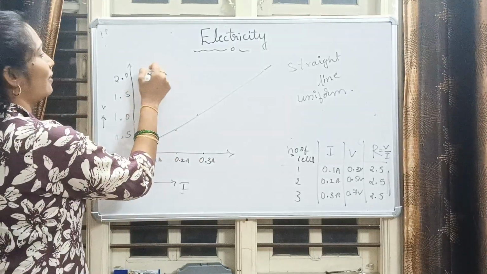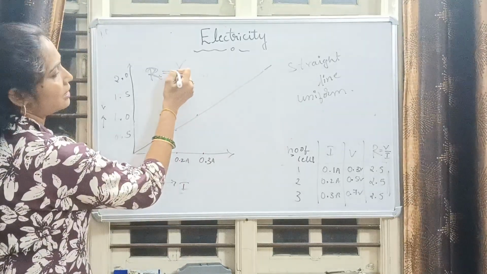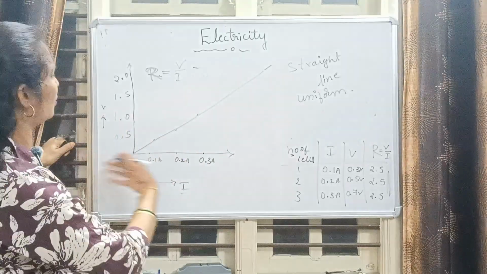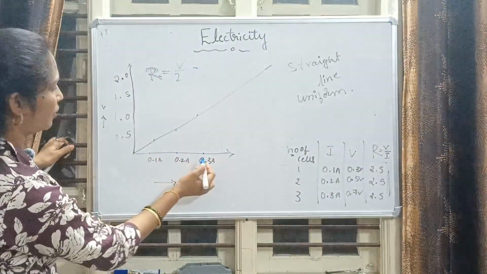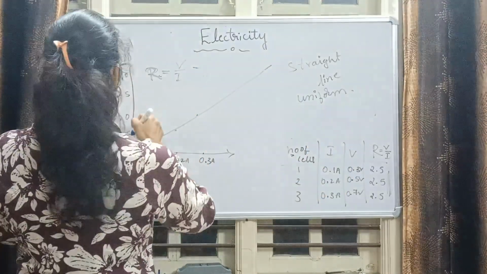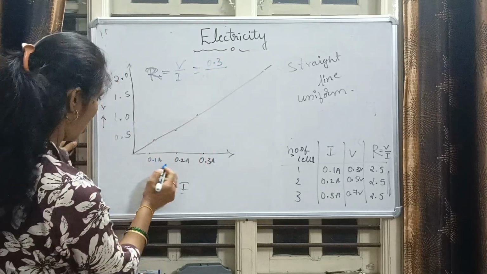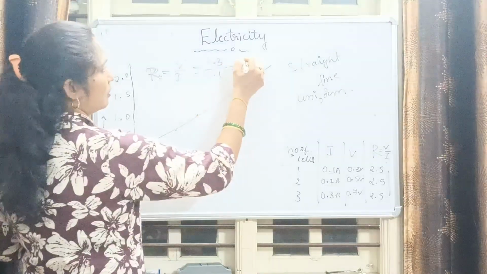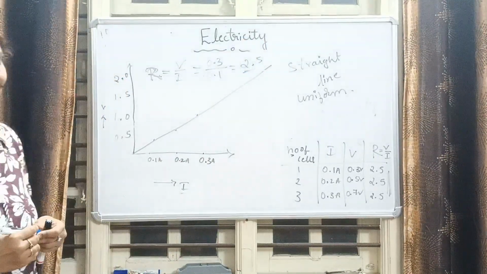How, ma'am? R is equal to V by I. Take any one record and note it down. I'll take V as 0.3, divided by I, which is 0.1. So you will get 2.5 as your resistance.